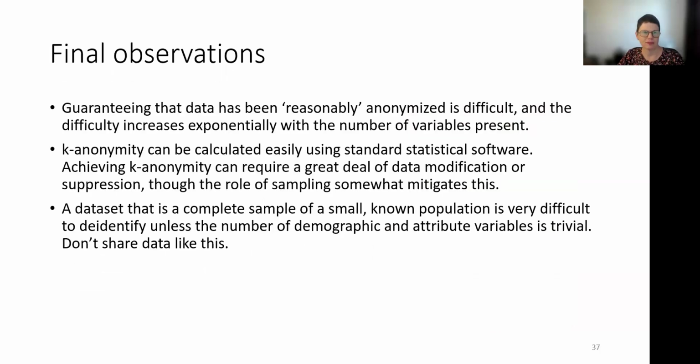So a couple of final observations before I stop for a minute and see if anyone has any questions. Guaranteeing that data has been reasonably anonymized is difficult. And I don't mean that it's technically difficult.